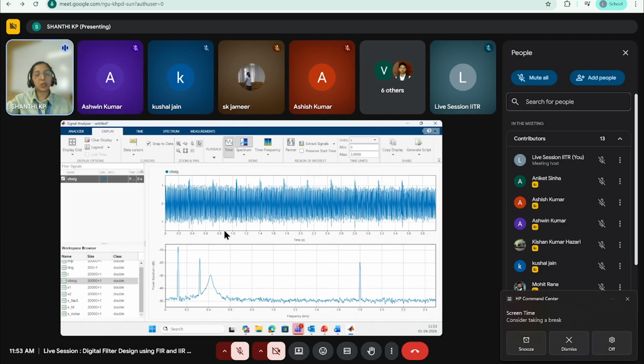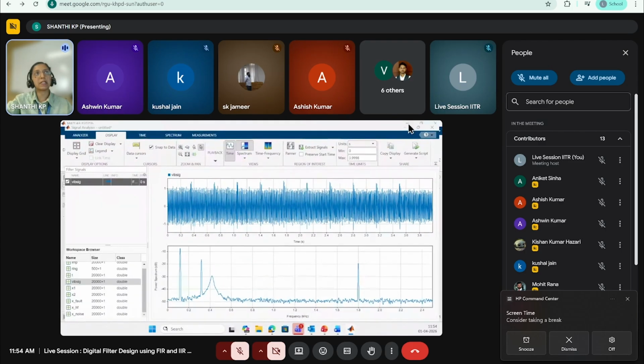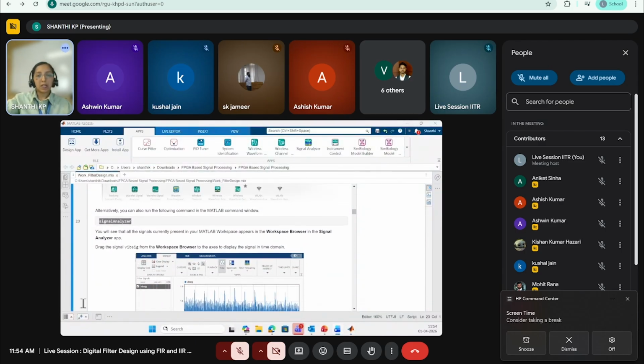So now we have identified the filter specification. Next we will design the filter that can remove this 1.8 kilohertz high frequency noise. For now, we'll just minimize the signal analyzer app, and we'll go to the next step of filter designing.